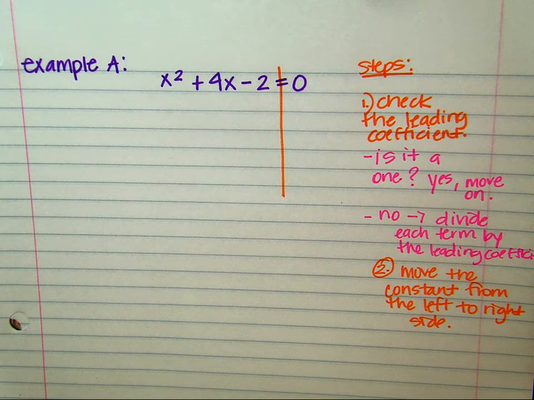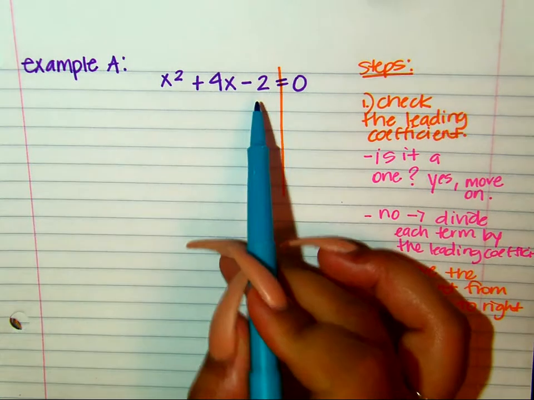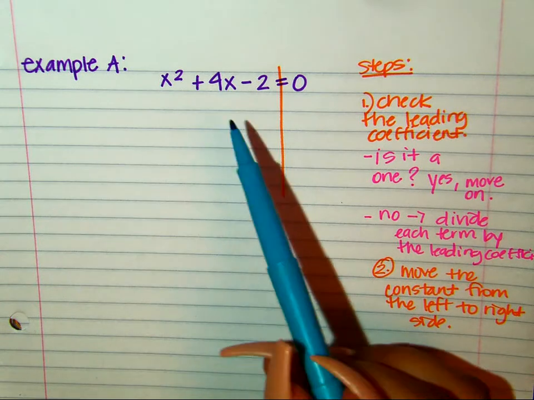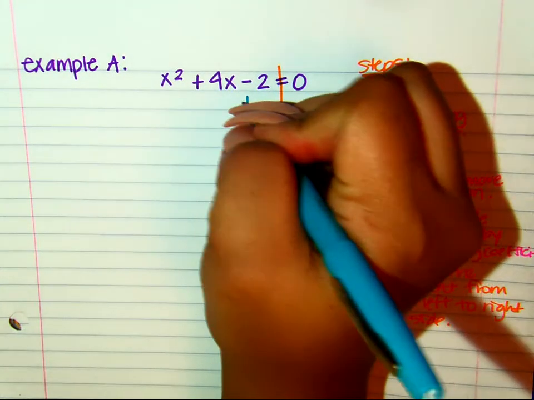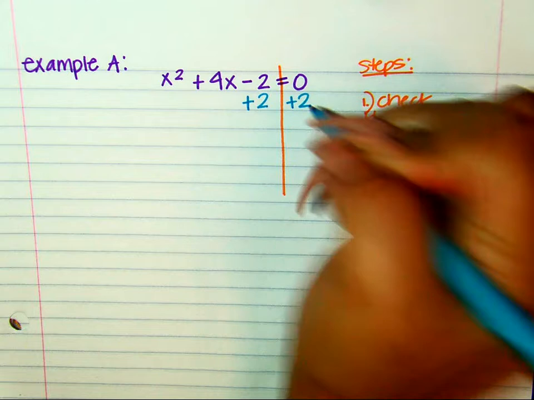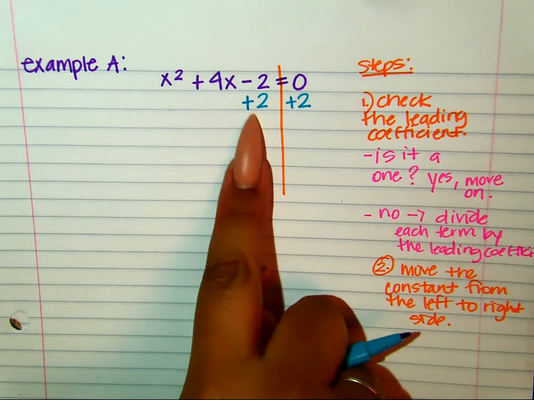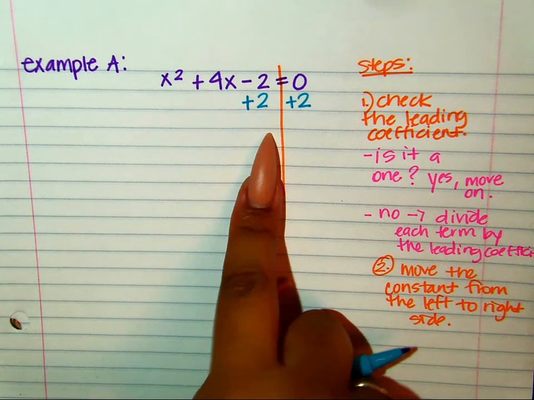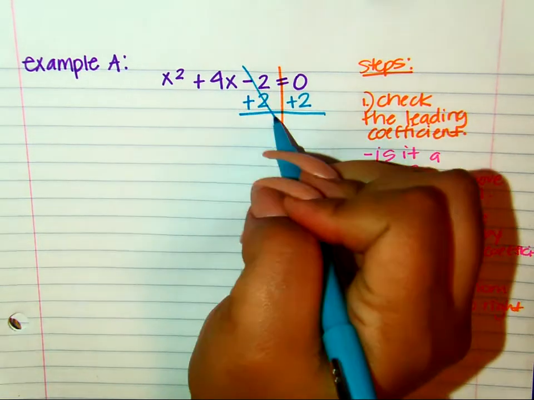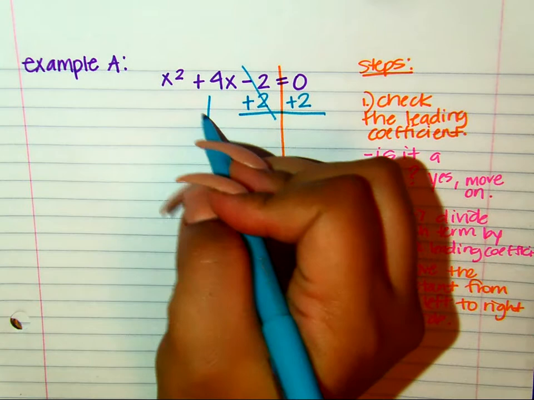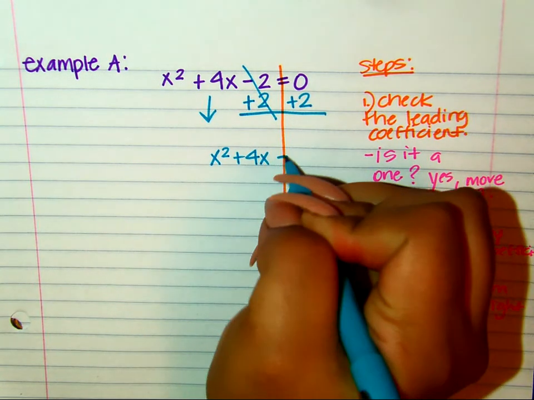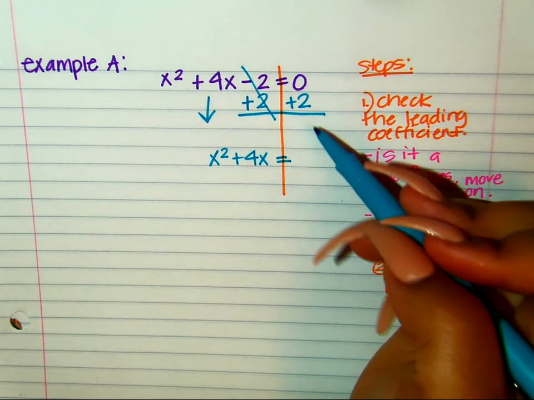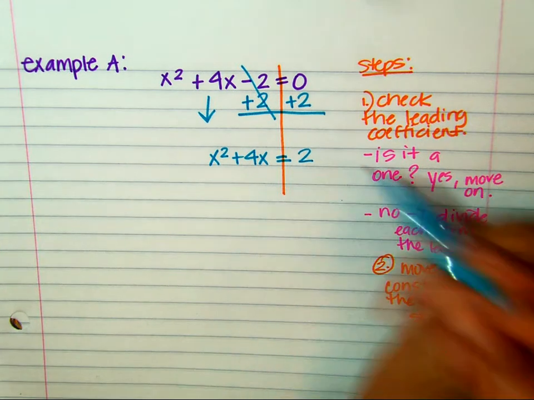Remember, the constant is a number that does not have a variable. So that number would be -2. I'm going to move -2 from the left side of the equal sign and put it on the right side. I am going to do that by adding 2 because you have to do the opposite. So here's a -2. So now I'm going to add 2. That cancels out. I am going to bring this down. So x squared plus 4x equal. Then we have 0 plus 2, which equals 2. Alright?